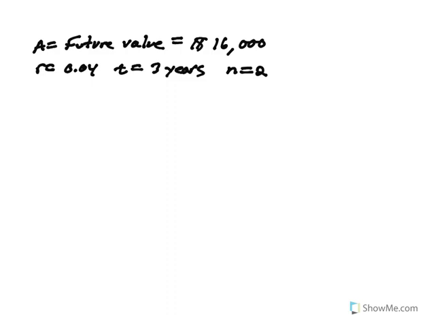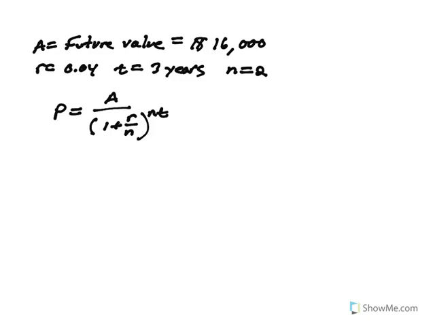All right, so here's the formula that we need to use. The principal formula. So when you want to find out how much will accumulate to a certain amount, we're going to use this formula.